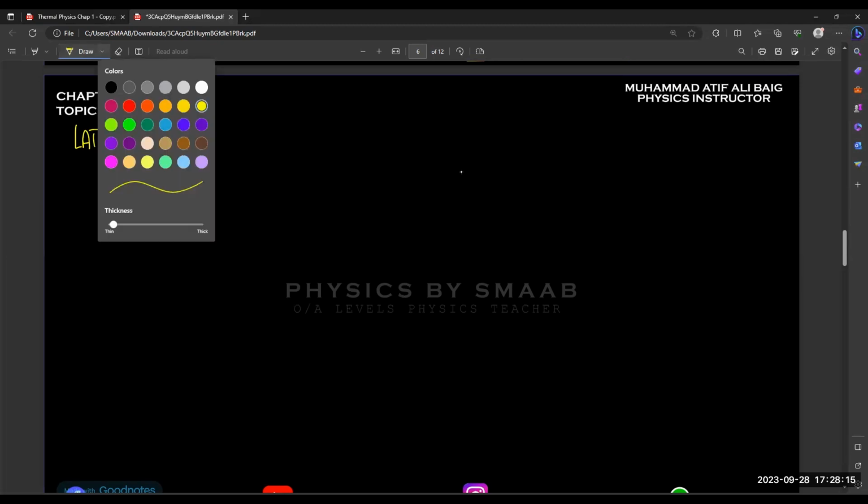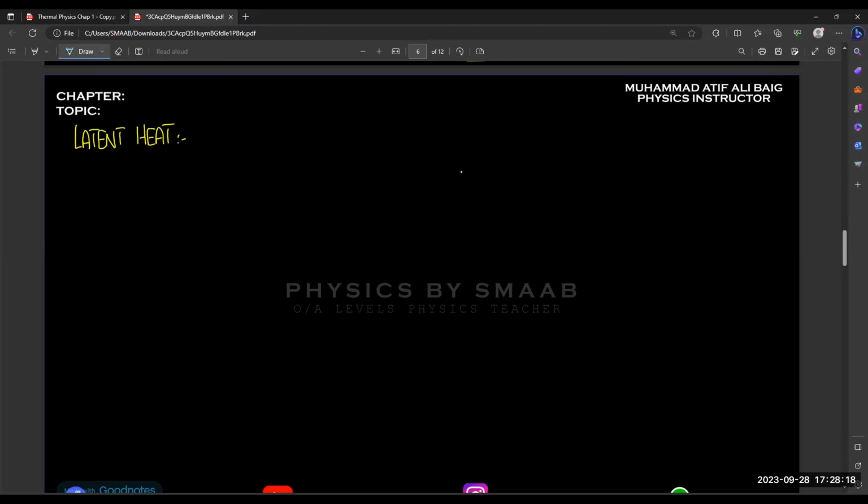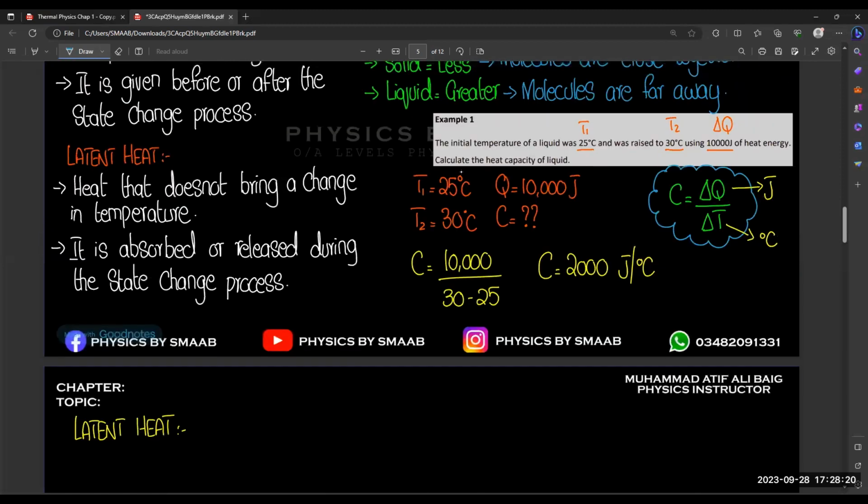If you consider latent heat, we discussed that latent heat is the amount of heat that is absorbed or released during the state change process, right?